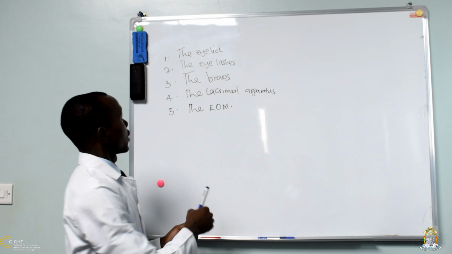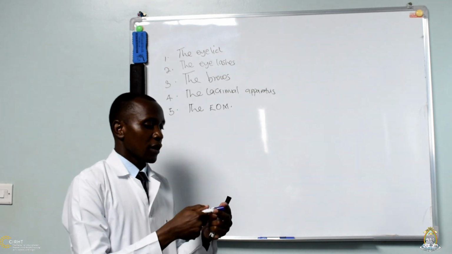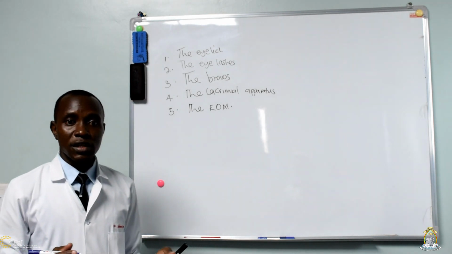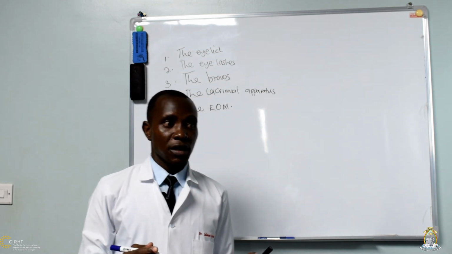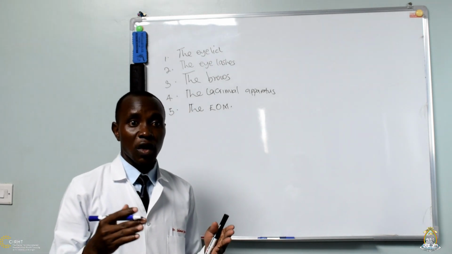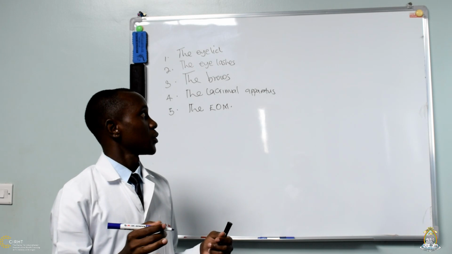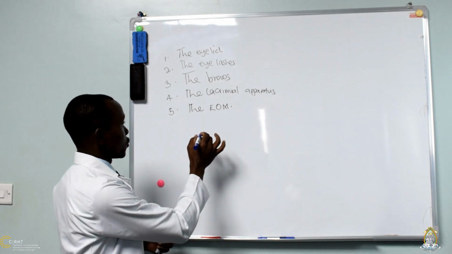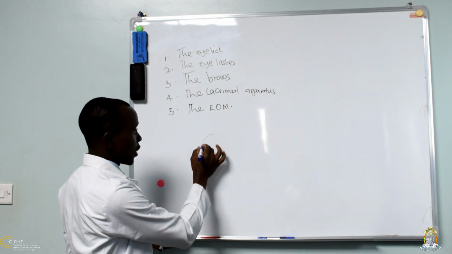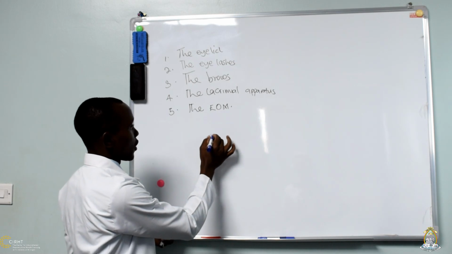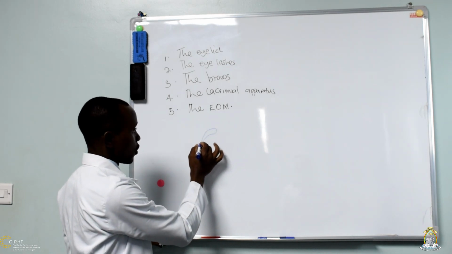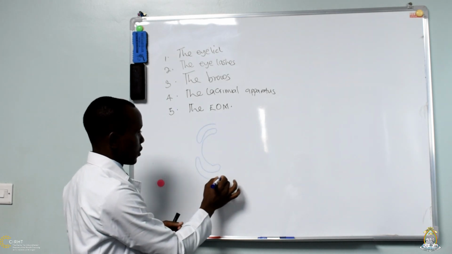Okay, we are going to start with the eyelid. The eyelid, together with the tears, is very important because it protects the eye and also helps in the lubrication of the eyeball. When you look at the structure, we have the eyeball, and then the eyelid forms something like this.